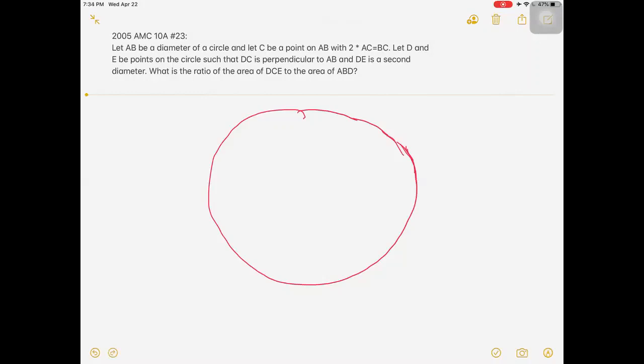And then let AB be a diameter. And it says let C be a point on AB so that 2 times AC is equal to BC. So C is going to be somewhere over here, so that BC is double the length of AC.